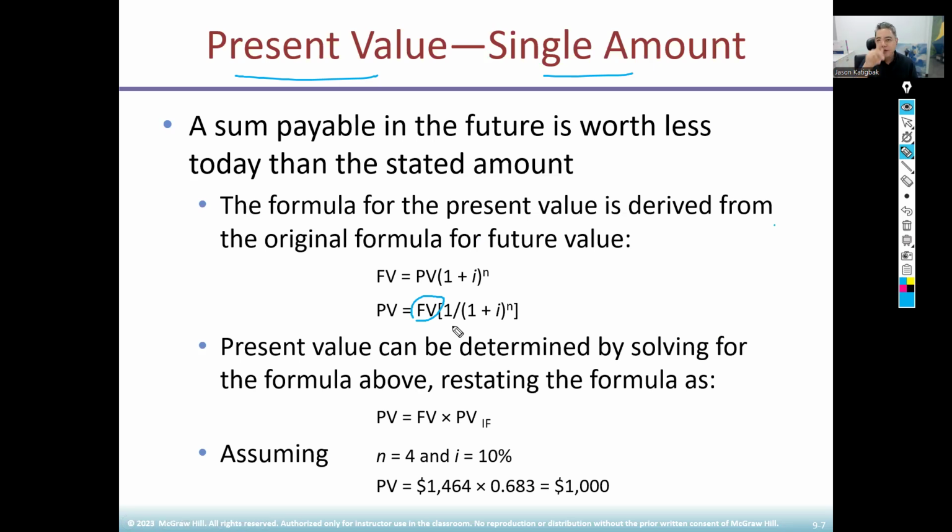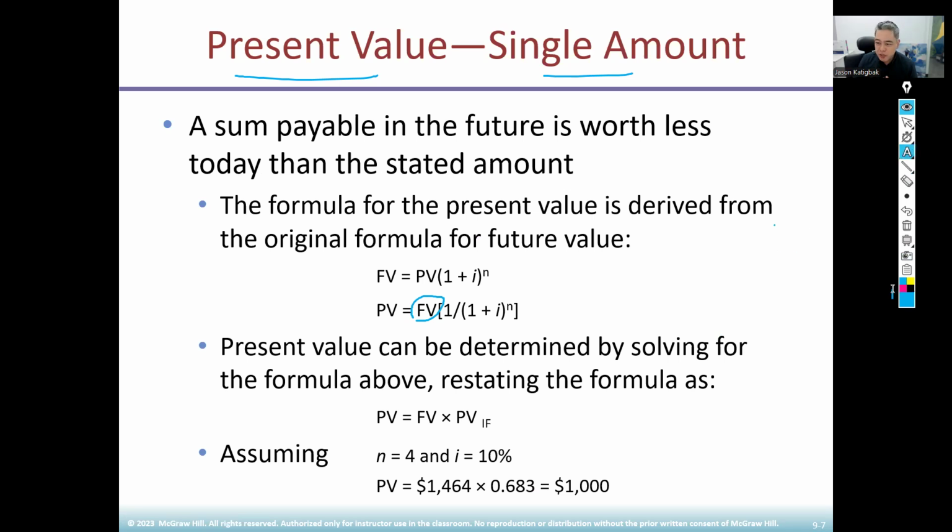Or when you think about it, future value divided by 1 plus i to the nth power. Because the formula to get the future value is present value multiplied by 1 plus i to the nth power. If you just reverse the equation, then to get the present value, just divide by 1 plus i to the nth power, or multiply by 1 over 1 plus i to the nth power.